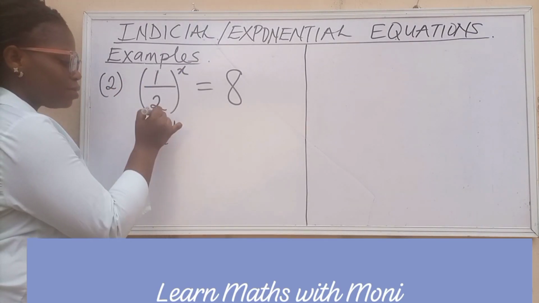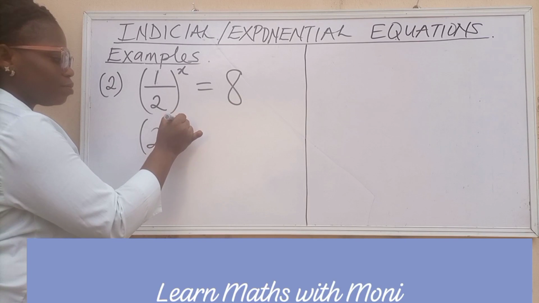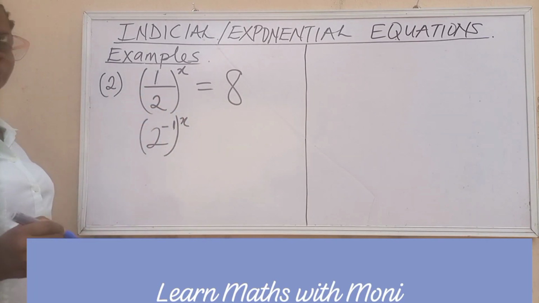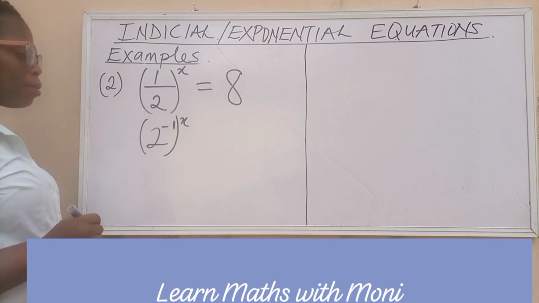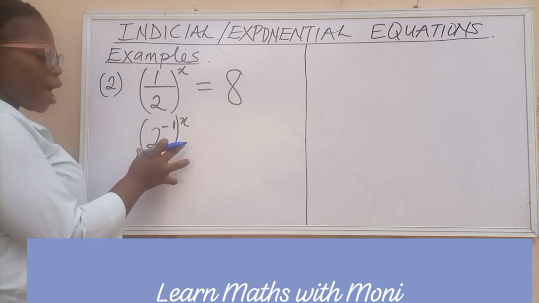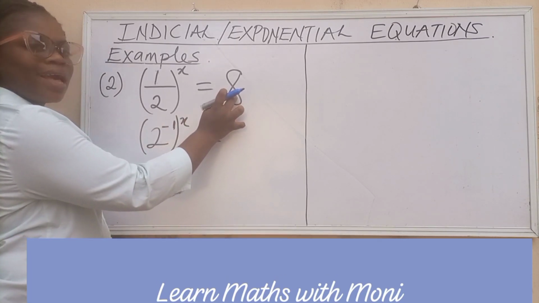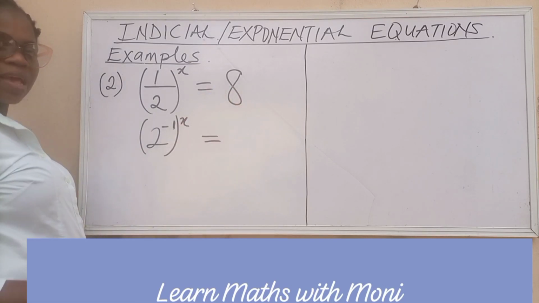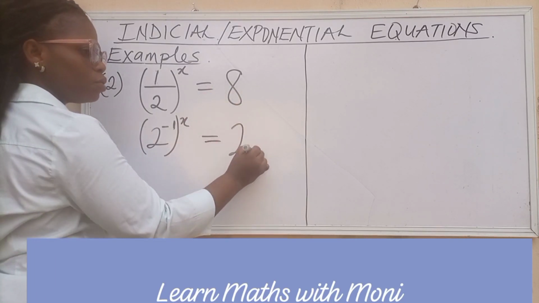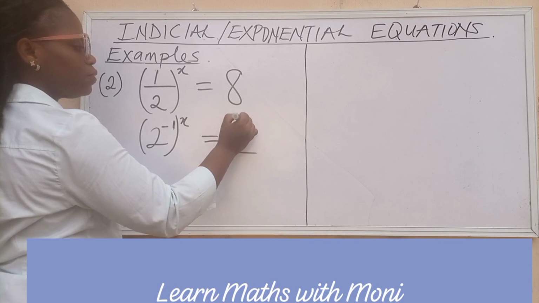Let me leave it like this for your understanding. So what I have in that bracket is 2 raised to power minus 1, everything raised to power x, equals, I can get a base of 2 from 8 as well. That is 2 raised to power 3.